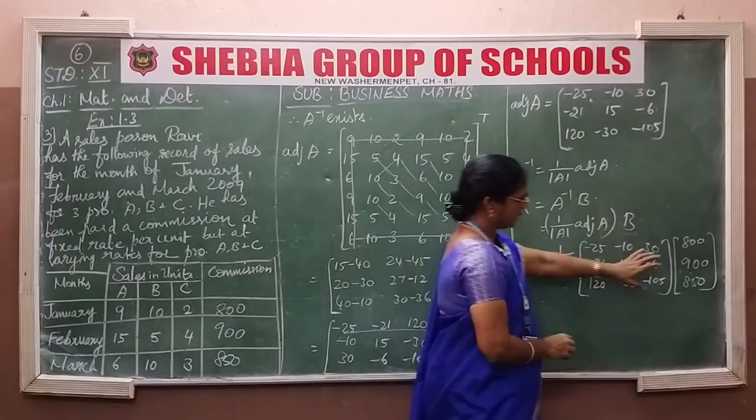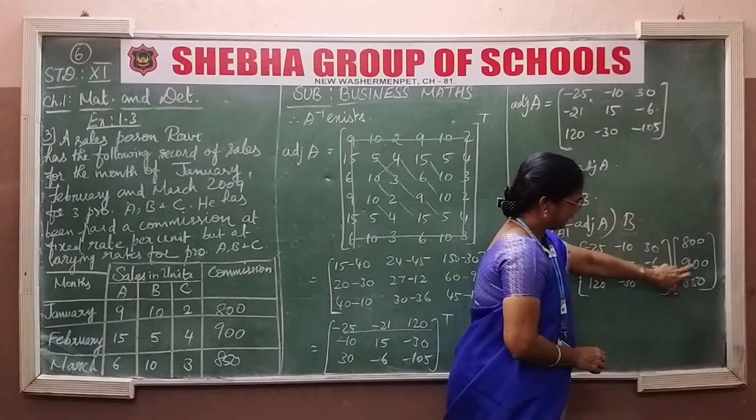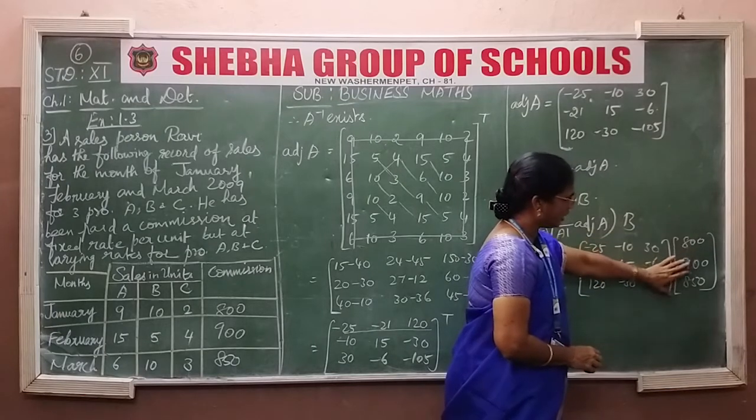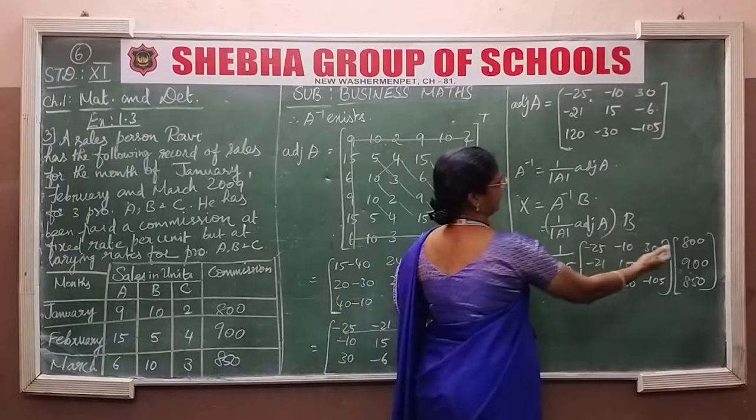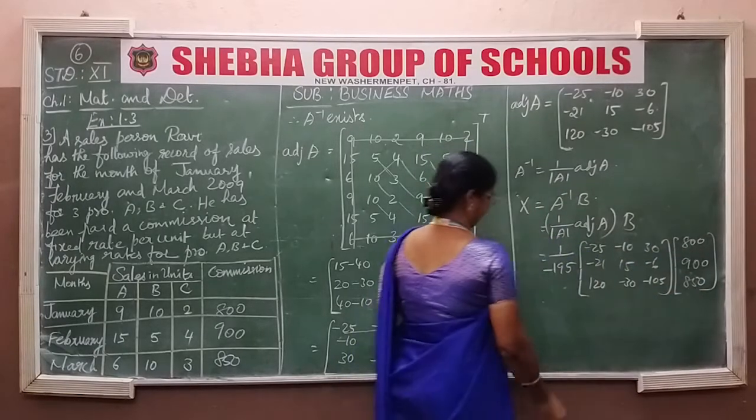Okay. Now listen, in the column 800, 900, 850 all are multiples of 50. So we can take 50 outside from this column matrix.